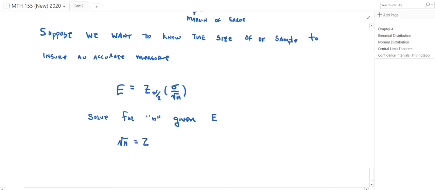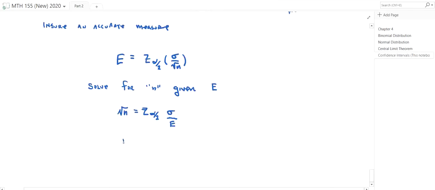And I get z alpha over 2 times sigma divided by E. Then I just take the square root of both sides and I end up with n equals z alpha over 2 sigma over E, squared.